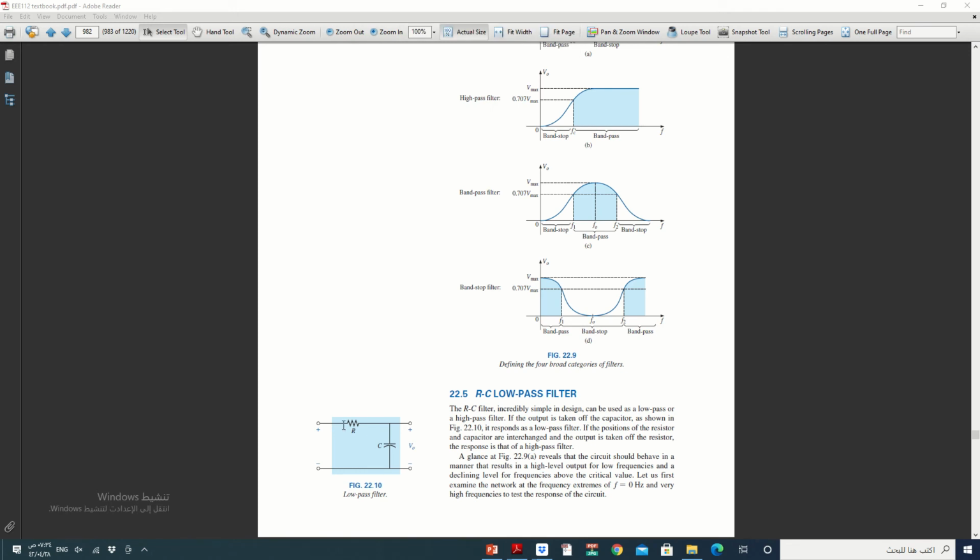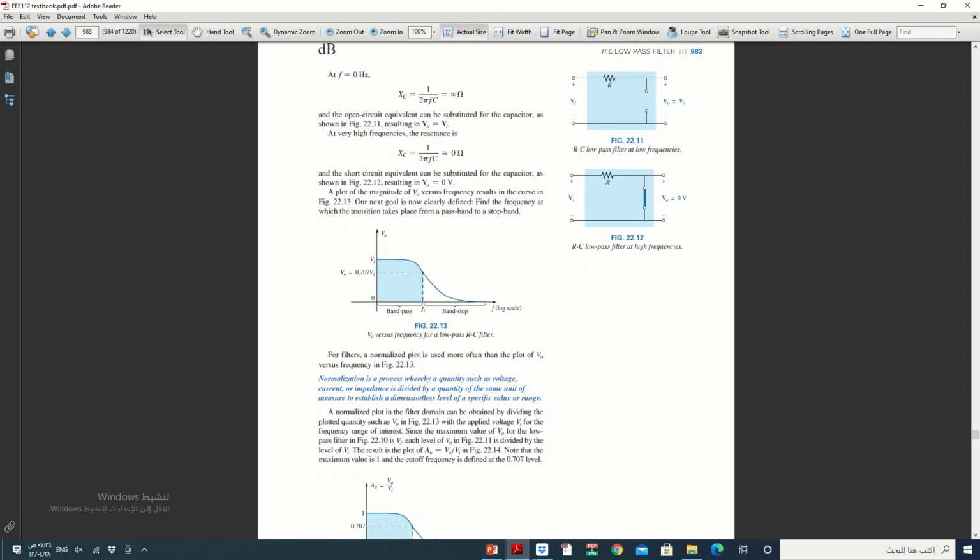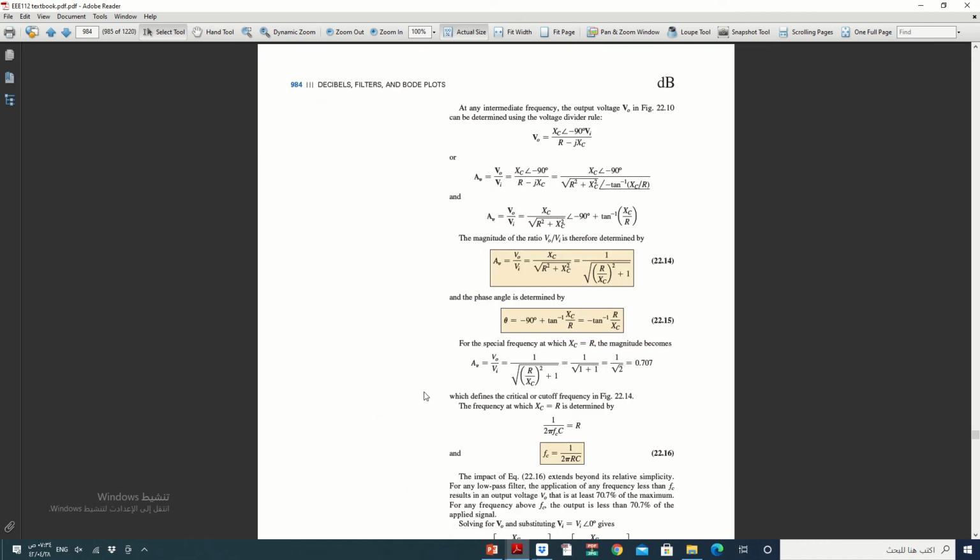Now, if we need to find the value of V out from the input V input, we can follow the derivation. V out by the voltage divider rule is XC multiplied by Vi, divided by the combination of the impedances.